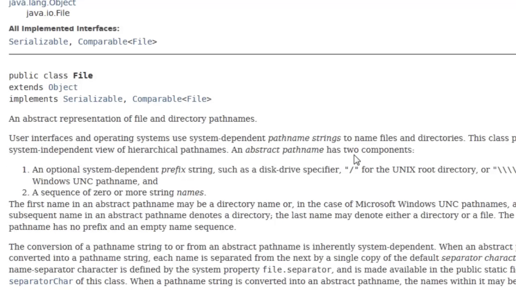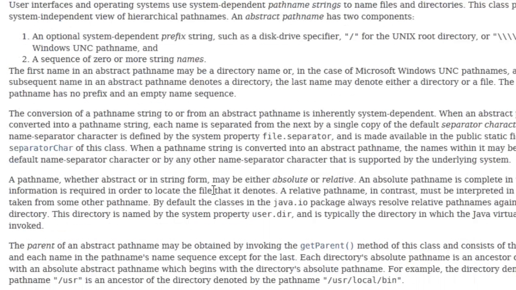An abstract path name has two components: an optional system-dependent prefix string, such as a disk drive specifier, / for the Unix root directory, or \\ for a Microsoft Windows UNC path name, and a sequence of zero or more string names. Each name in an abstract path name except the last denotes a directory.